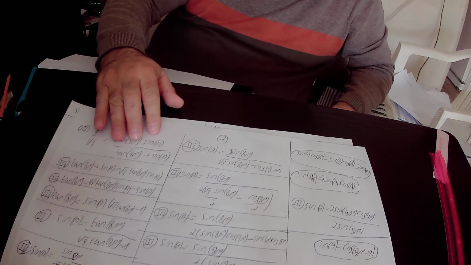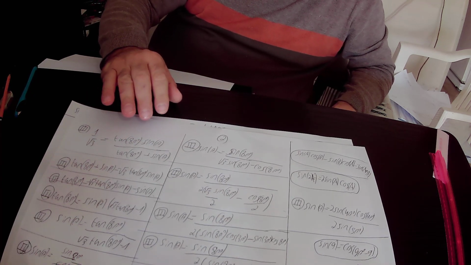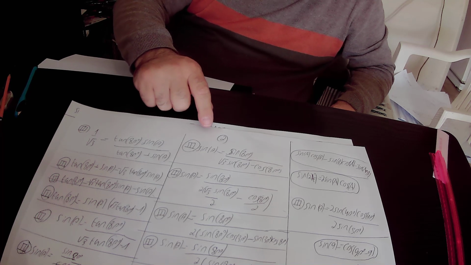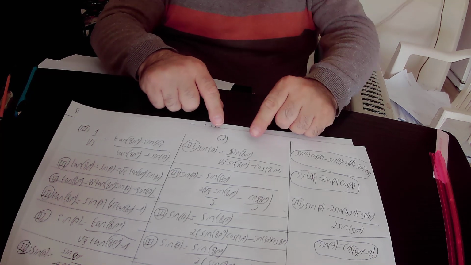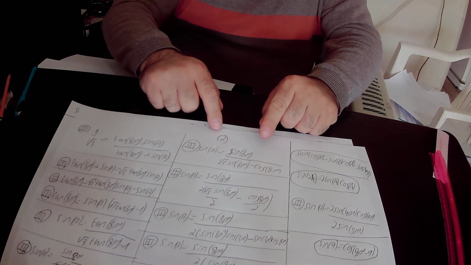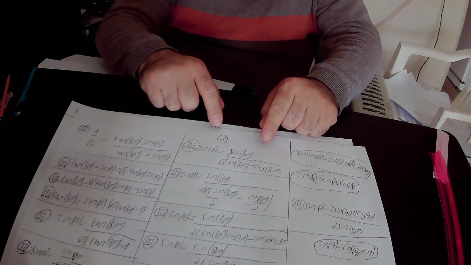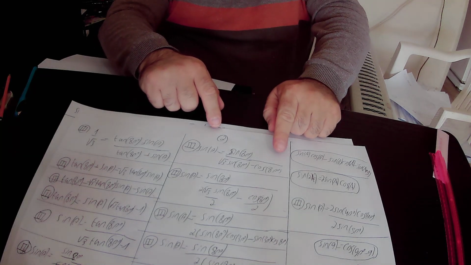What is left from equation number 3 after we cancel cosine 80 degrees? On one side of the equation we have only sine theta, and on the other side we have sine 80 degrees over square root of 3 times sine 80 degrees minus cosine 80 degrees.